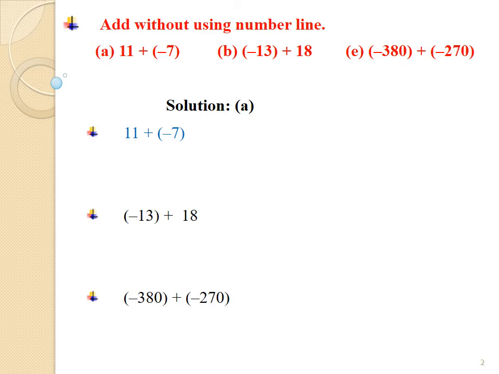So now let us subtract 7 as a whole number by ignoring the minus sign from the bigger number 11 and place the appropriate sign of the bigger number with the subtraction obtained. Thus, subtracting 7 from 11, we get 4.